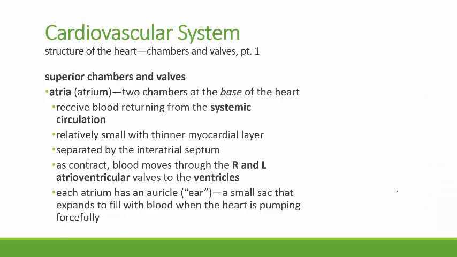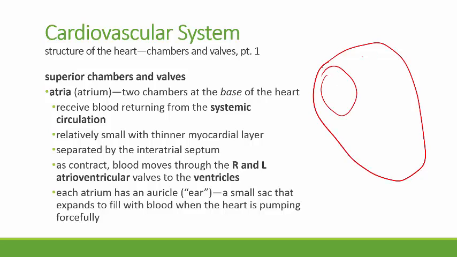Okay, so now let's talk about the chambers and valves. You've already seen my cheesy heart drawing of the chambers and valves. So I'm just going to use words here, but I can add a little bit of a drawing, maybe a not so cheesy drawing. In the upper part of the heart, the two chambers are the atria. They're at the base of the heart.